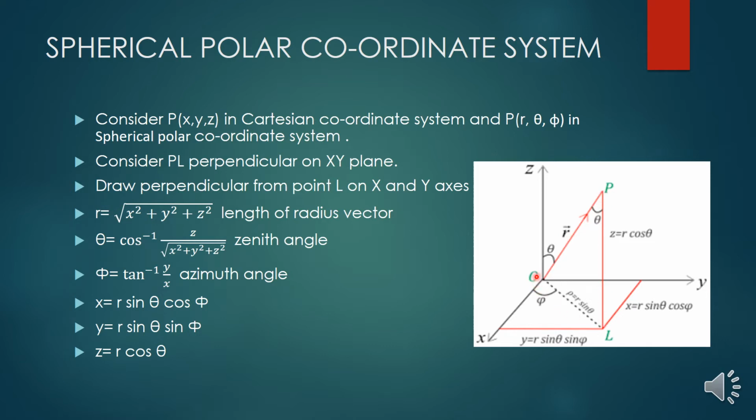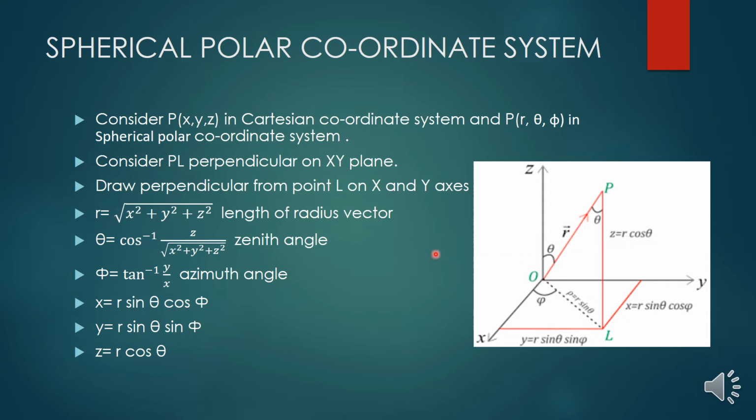So from our trigonometry we know that cos of angle is equal to adjacent side divided by hypotenuse. So adjacent side means this is the adjacent side for this angle theta, hypotenuse is r. So z is equal to r cos theta. So we have obtained this particular relationship.